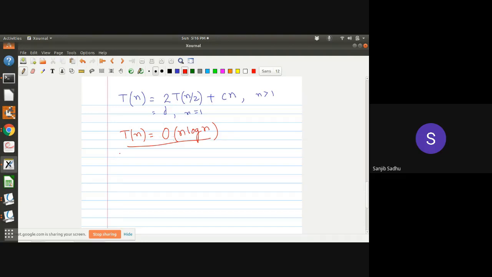And one trick is that if it is like this, say Tn.